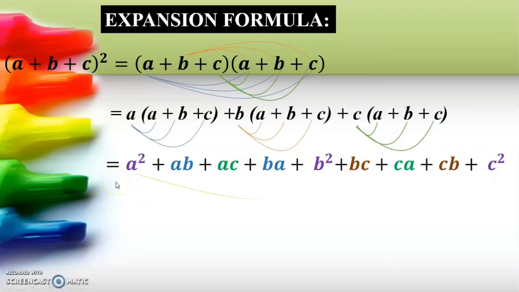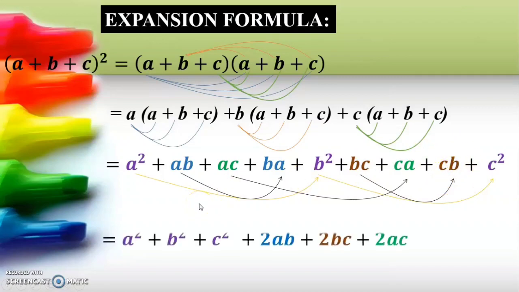Now we have purple shaded terms, which are a square, b square plus c square. So we have to take these terms together. Similarly, we have ab, ba, which are similar, ac, ca, which are similar, and bc, cb, which are similar.